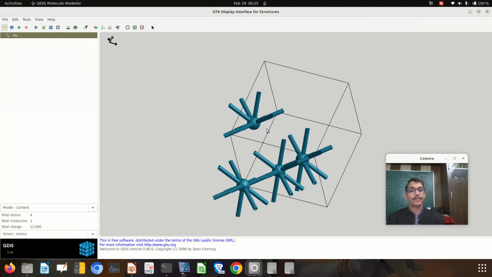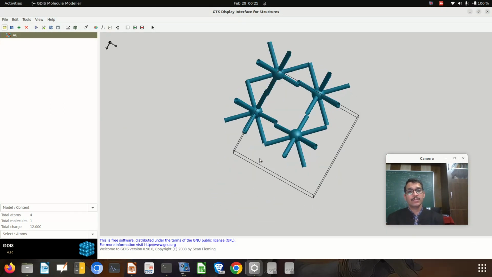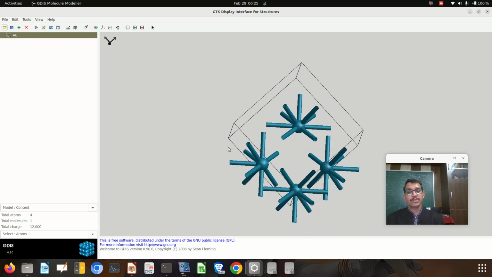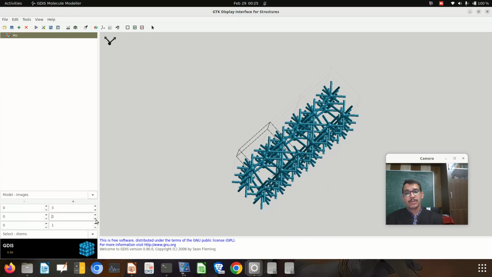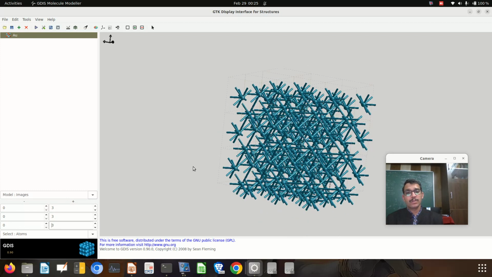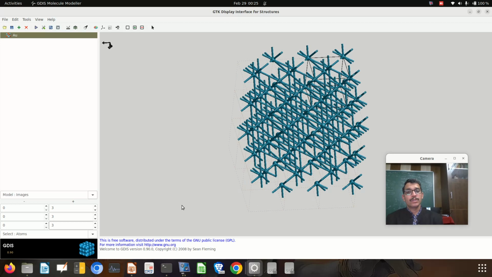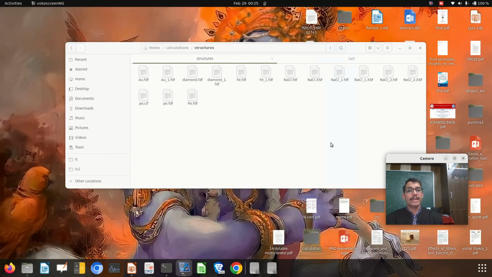This is also a similar structure, but not in the primitive mode. Right? So there are 2 ways to look at the atoms.